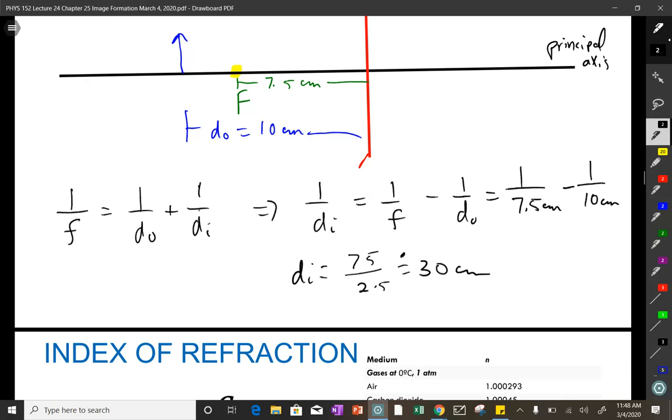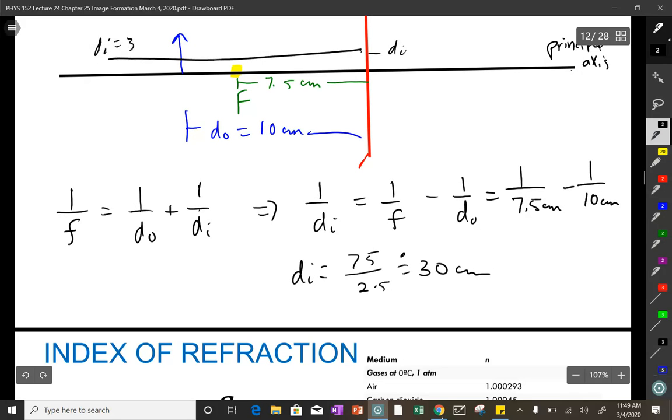So that means that my image would be out on the right-hand side, and I can't be on the same scale. Actually, not on the right-hand side. If it's positive, it's on the same side. And it's going to be bigger.